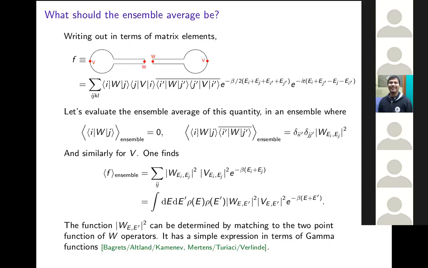The first statement is like saying that in ETH you have some random phases, and the average of those random phases is 0, but the variance is random.